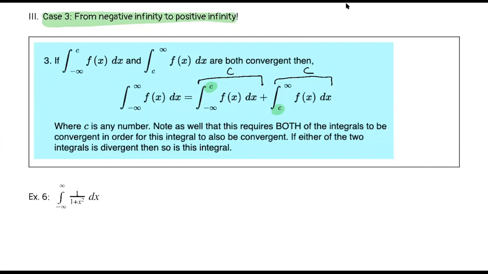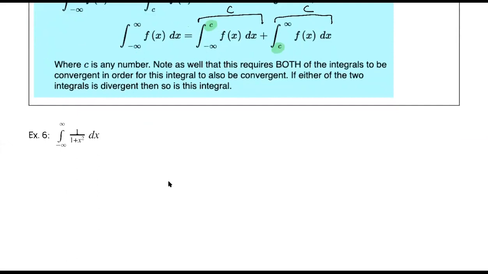So let's get a diagram for example number 6 and see what we're looking at. So this function, 1 over 1 plus x squared, it looks something like this.